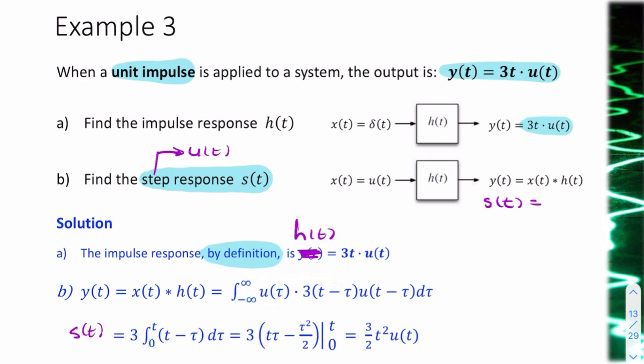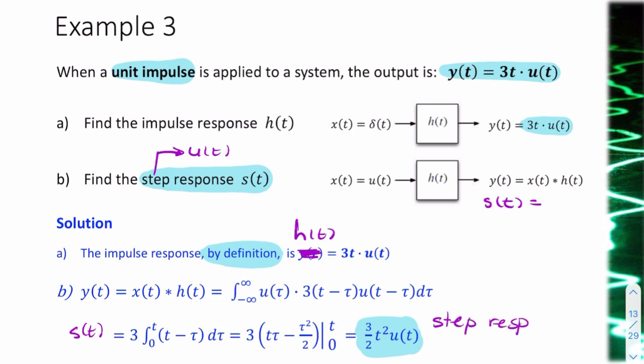If you carry out the integration, that becomes t tau minus tau squared over 2. Remember, the variable of integration isn't t, it's tau. So you end up with that expression there. That is what we call the step response.